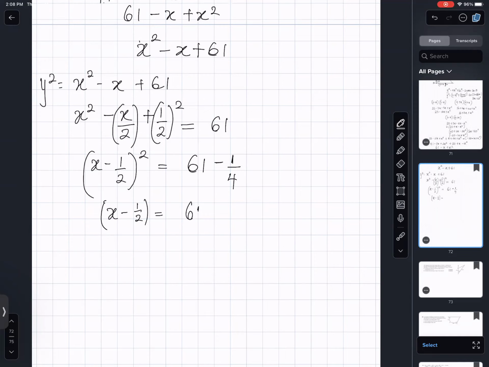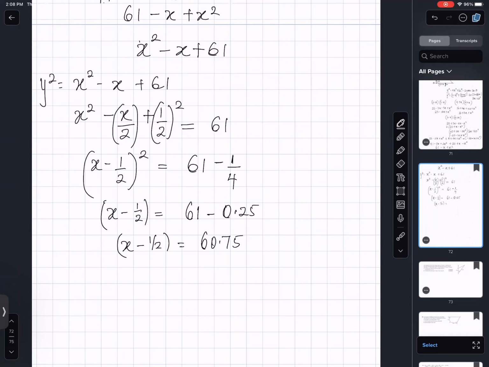That gives us 61 minus 0.25, which is 60.75.